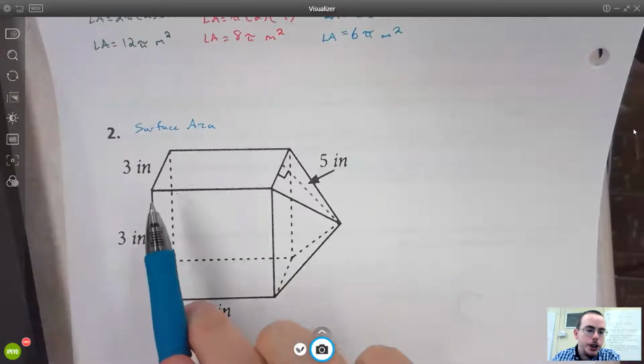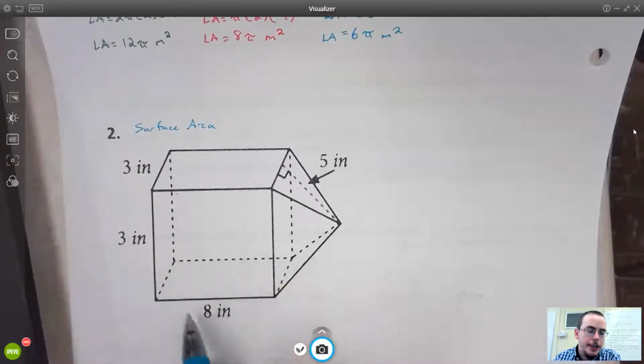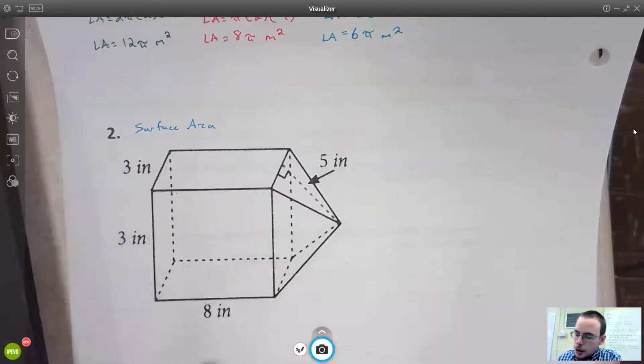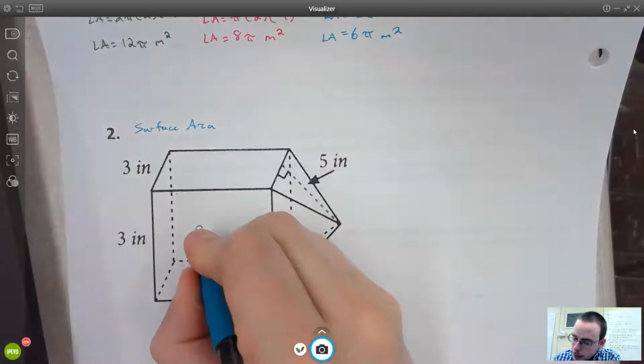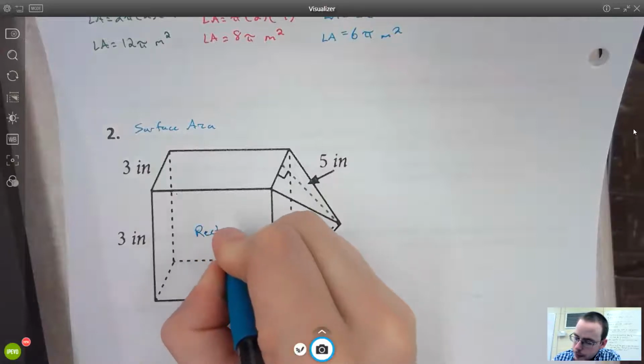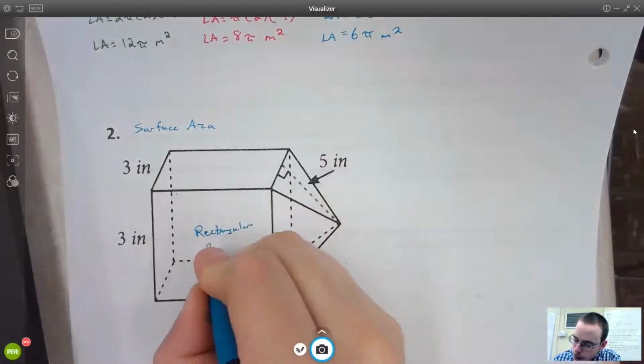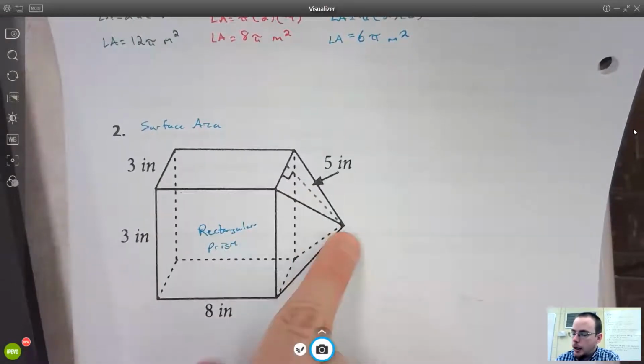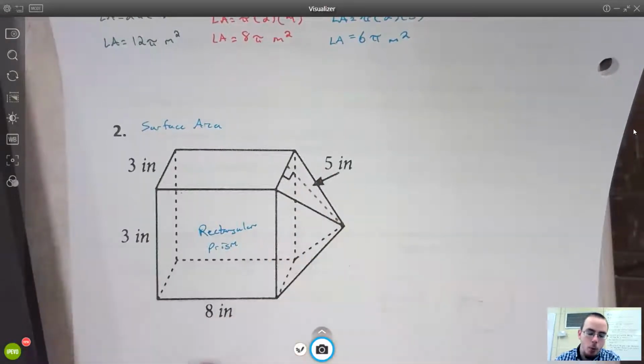Now it looks somewhat like a cube, but make sure you pay attention to the side lengths instead. You'll see that they're different. And then here you see a pyramid. We know it's a pyramid instead of a prism because all of these faces meet at one point. So this is your pyramid.